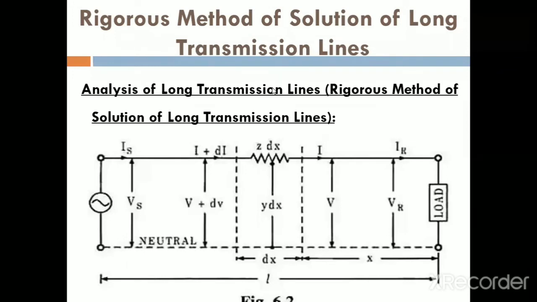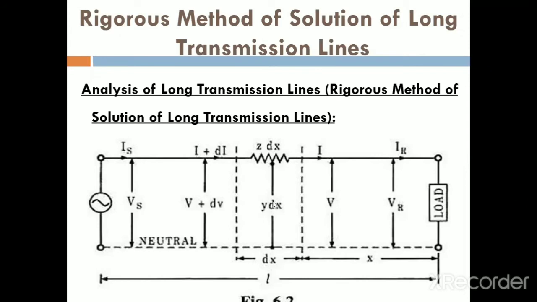I plus dI is the current entering at the small length dx, and V plus dV is the voltage across the small length dx.